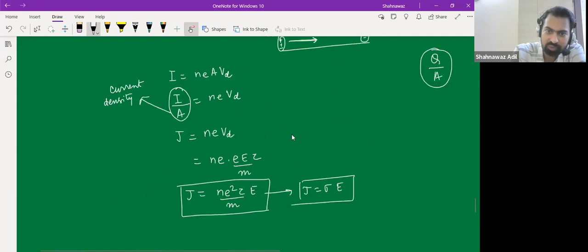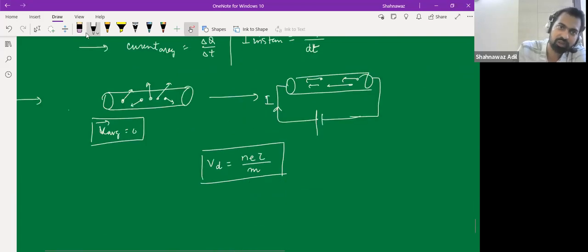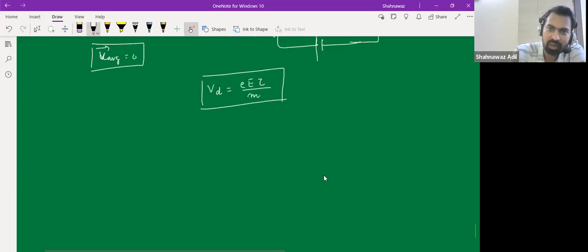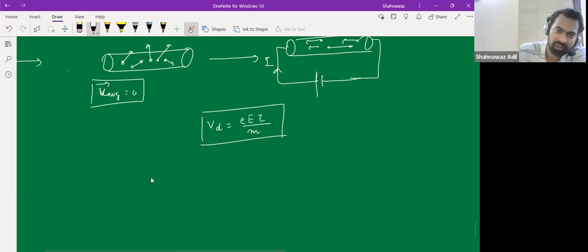And then we found the amount of current that is flowing, the relation between the drift velocity and the current.